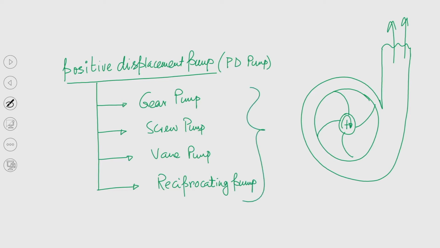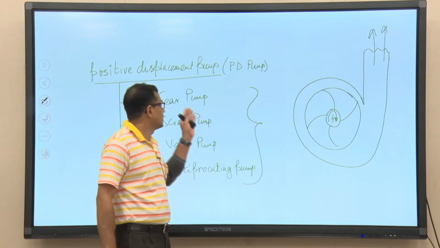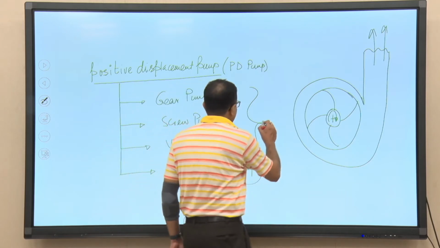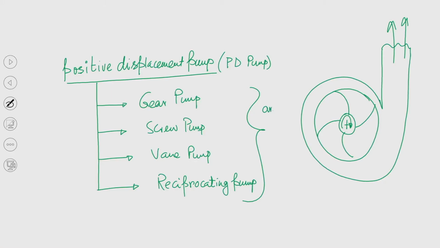All these four pumps fall in the category of positive displacement pumps, and all these pumps are used to supply low to moderate discharge against a very high head.